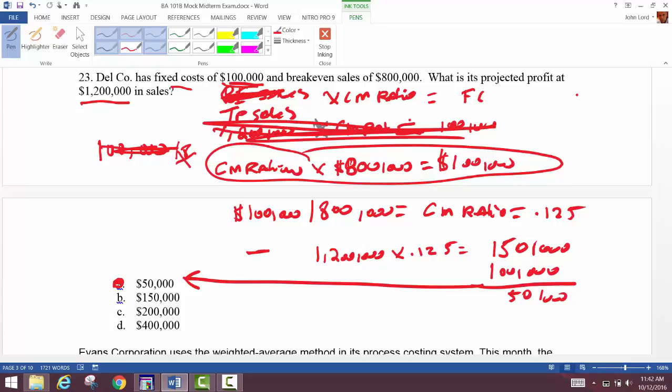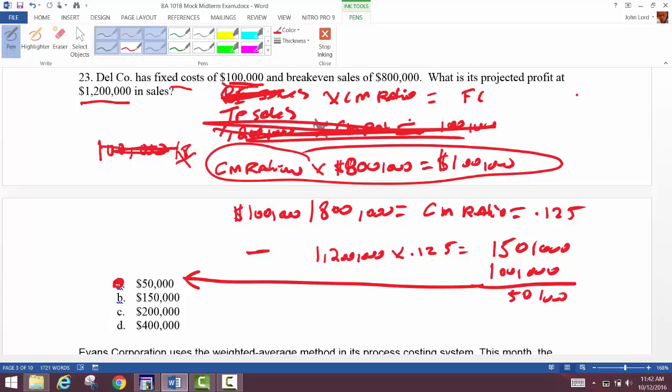If I'm saying 40% of each sales dollar, which is my break-even sales, goes towards fixed cost and then profit, and my fixed costs are $400,000, then how much sales do I have to generate to cover a fixed cost of $400,000?